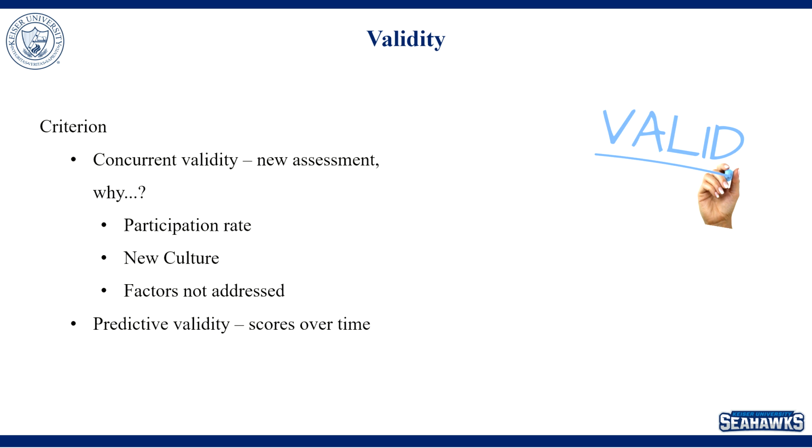Or perhaps it's for a new culture, a different country, so you want to create a new assessment that is in a different language. Or perhaps a factor is not being addressed. There were several servant leadership measures out there that did not address religion or religiosity, and therefore I created a new servant leadership measure.